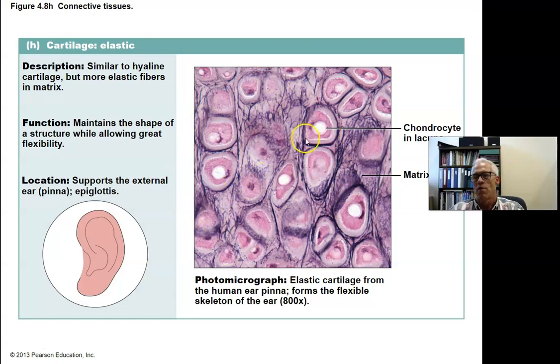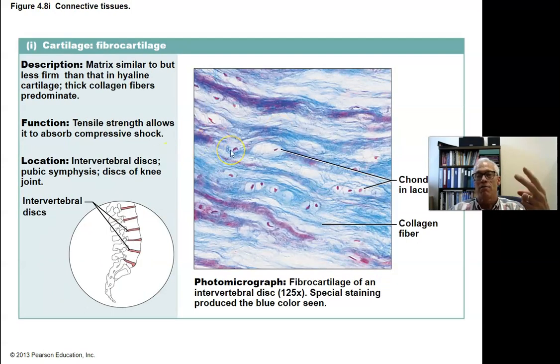Those are the functions of elastic cartilage, and you can feel a big difference between the pliability of that elastic cartilage and the stiff hyaline cartilage in the bridge of your nose. Again, here we've used a stain that will cause the elastic fibers to become prominently exhibited in either navy blue or black, whatever that is. I can't tell for sure. So that is the second of three cartilage types.